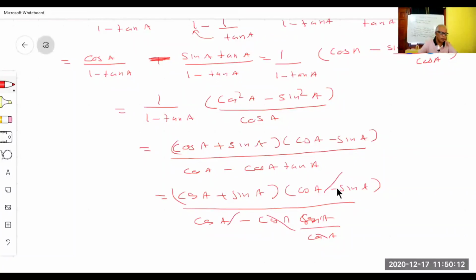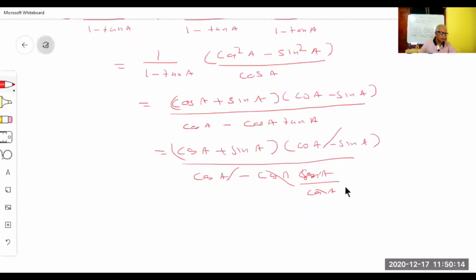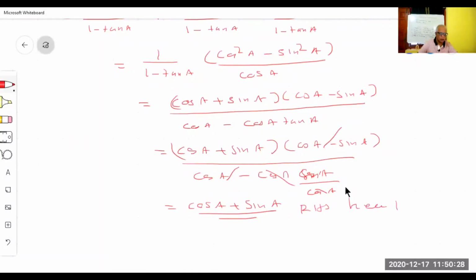You have the answer cos A plus sin A, which is hence RHS. Hence proved. Okay.